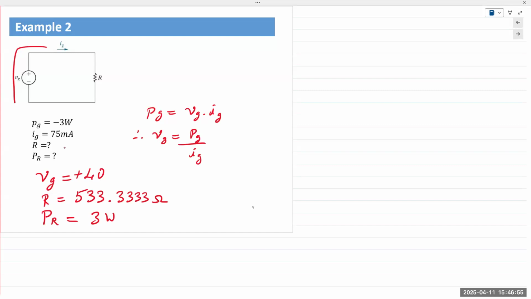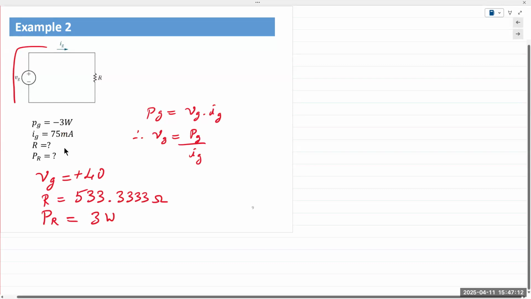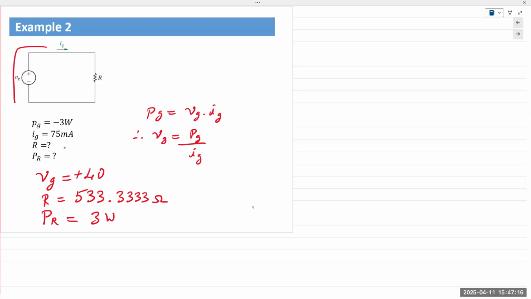Remember early on, I went through that table of unit prefixes. That's the reason. I always like to convert everything and get rid of the unit prefix. Milli is 10 raised to minus 3, so 75 times 10 raised to minus 3 is 0.075. So 3 divided by 0.075 should give us 40.